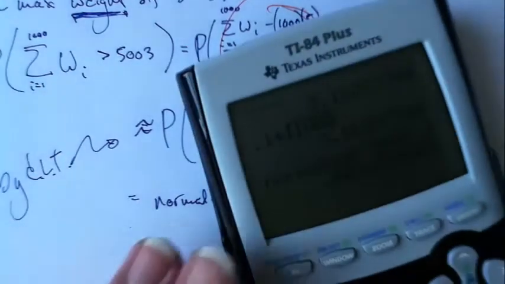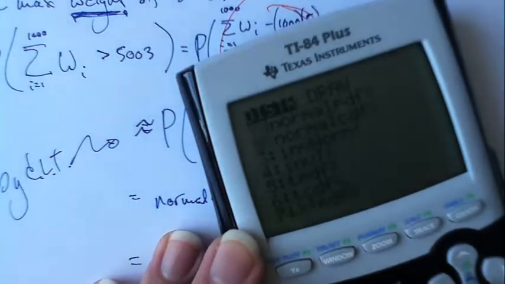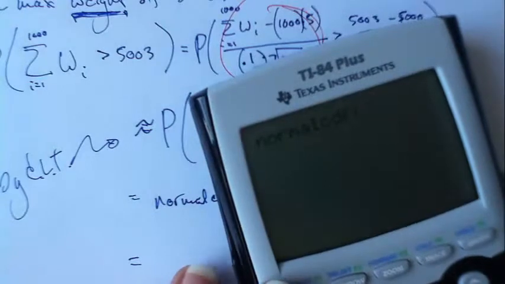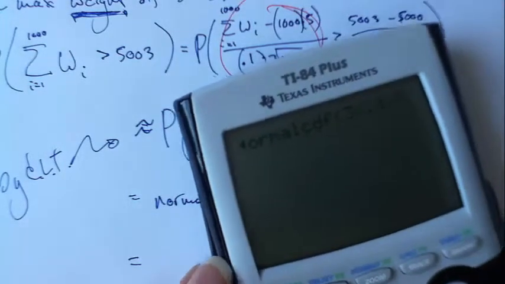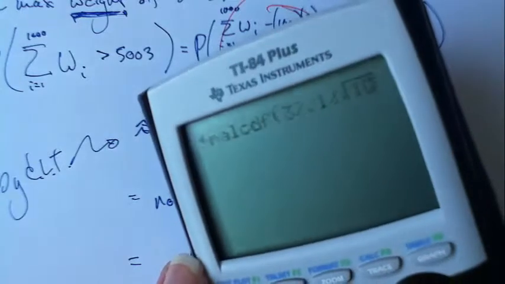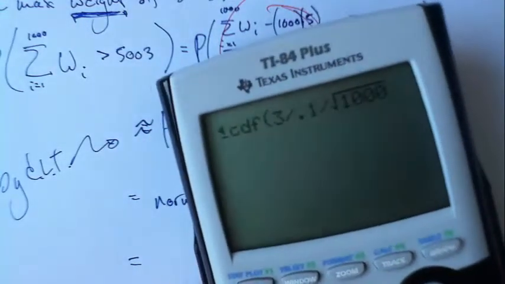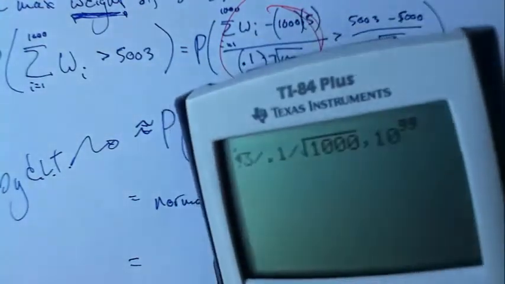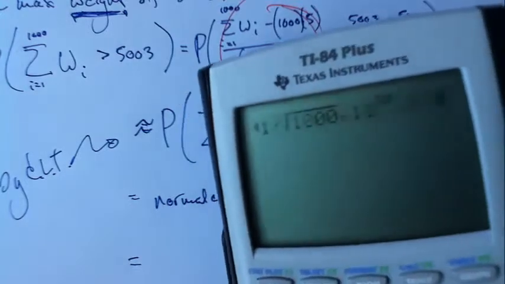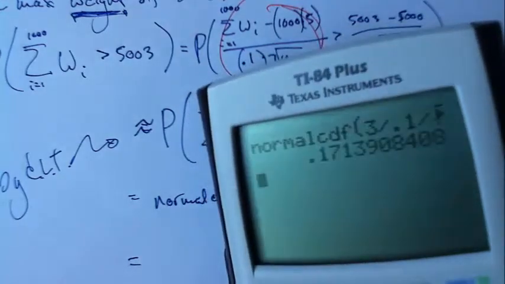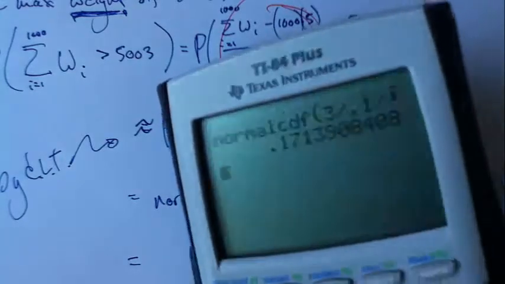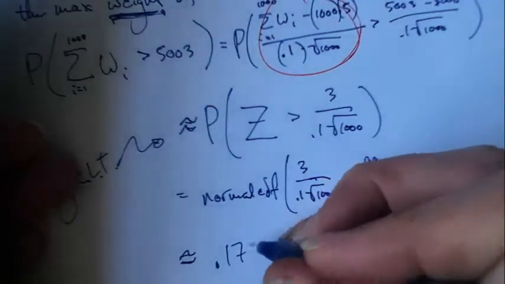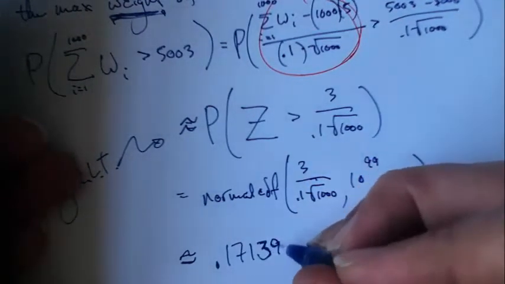I get 0.17139 approximately. There's a 17% chance that you go over capacity there.